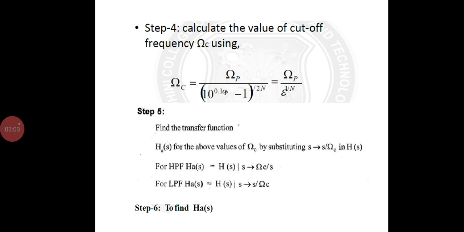Next, fifth step, find the transfer function H(s) for the above values of omega c by substituting s equal to s by omega c in H(s). For a high pass filter, s is replaced by omega c by s, and in the case of a low pass filter, s is replaced by s by omega c. Now at last we want to find the value of H(s).